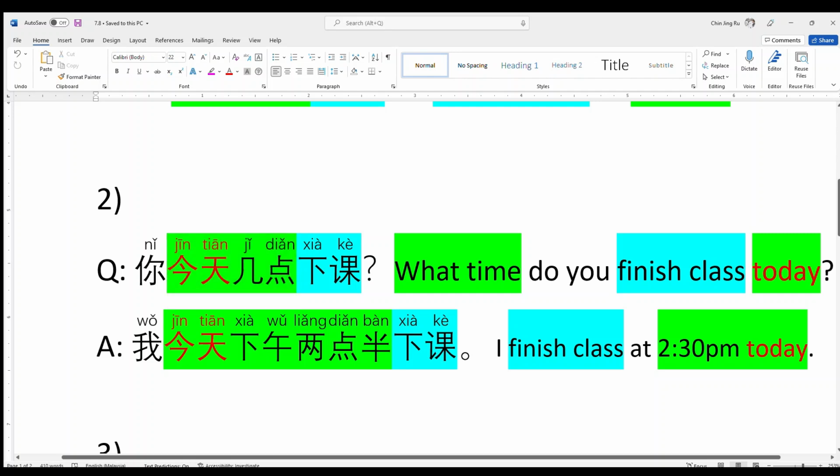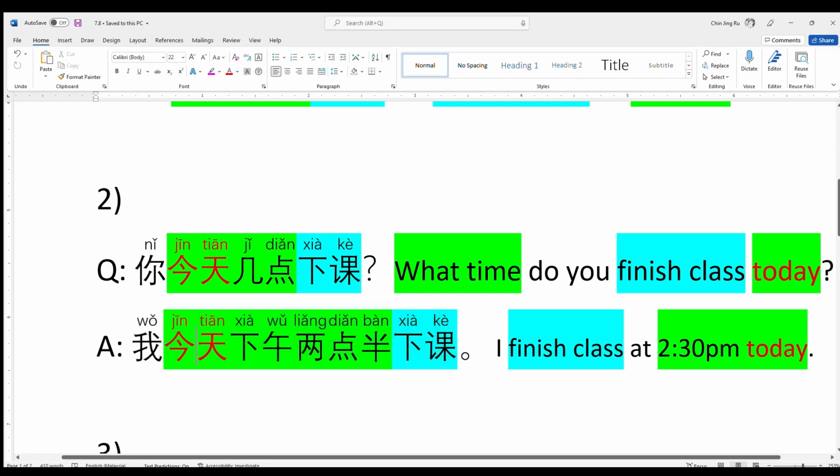So answer, you also answer according to the same pattern, same structure as well. So you say, I finished class at 2:30 p.m. today. Okay. So the Mandarin would be 我今天下午2点半下课. Yeah. So listen and repeat. 我今天下午2点半下课.